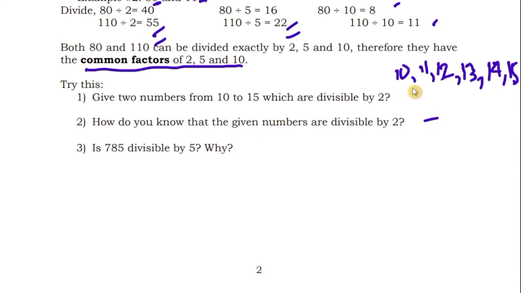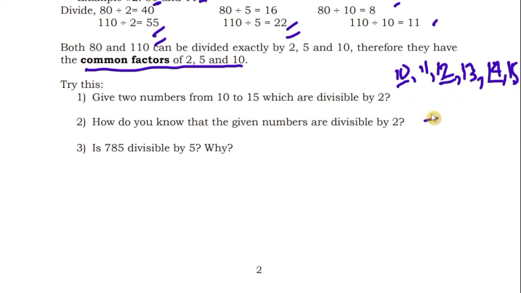As I said a while ago, the number must end with an even number. So 10 is even, 11 is not because it is an odd number, 12 is even, 14 is even, 15 also is not, as well as 13, because it is an odd number.